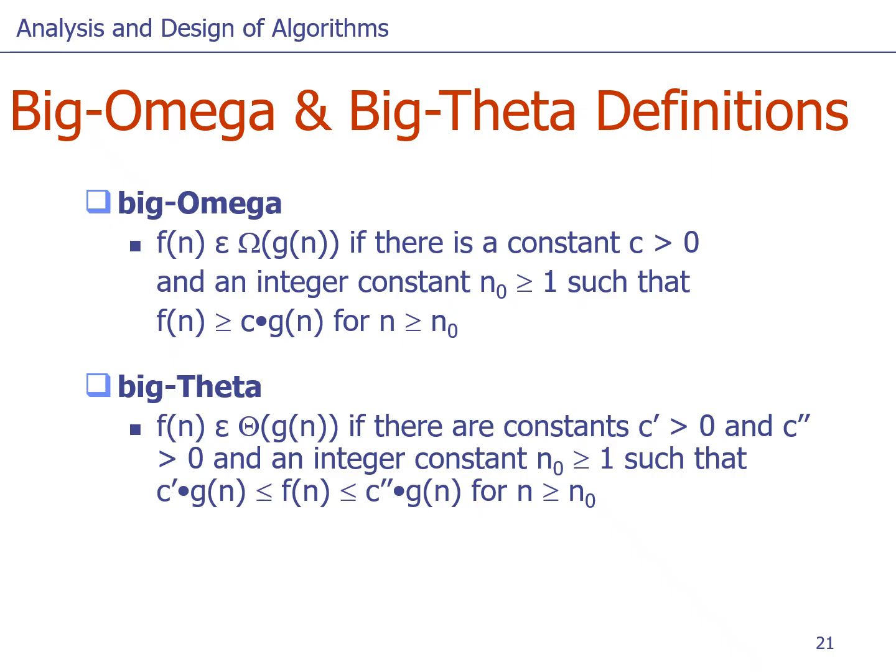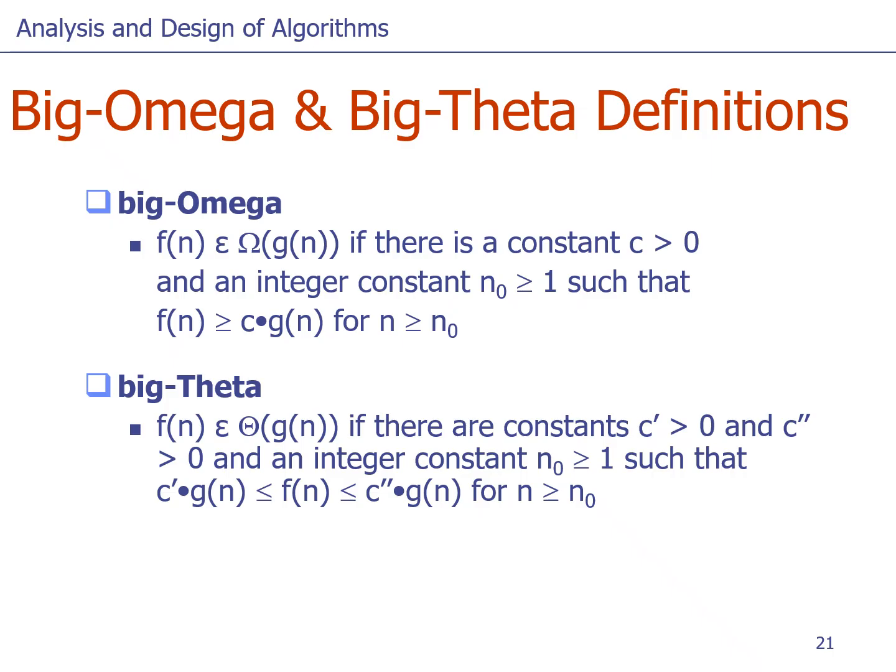Before it was the big O, it was less than. Here it's greater than or equal some constant multiplied by g of n. In other words, I'm looking here for the curve that lies below my f of n. In the big O, I was thinking about the curve that will lie on the top of my f of n. Now I'm considering the curve that's below my f of n after some n, which I'm calling n naught. As we go to infinity, it will always be below it, this g of n.